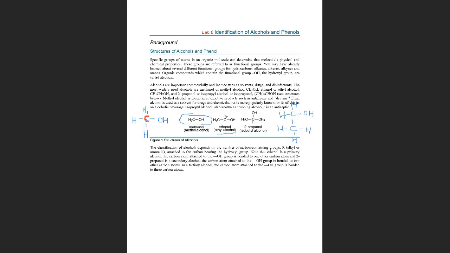Now, let's look at our definitions: depending on the number of carbon groups attached to the carbon bearing the OH group. In this case, this is the carbon bearing the OH group. If that carbon is bonded to just one other carbon, we say this alcohol is a primary alcohol. This carbon bearing the OH group is bonded just to one other carbon. The others are 2 hydrogens and 1 OH.